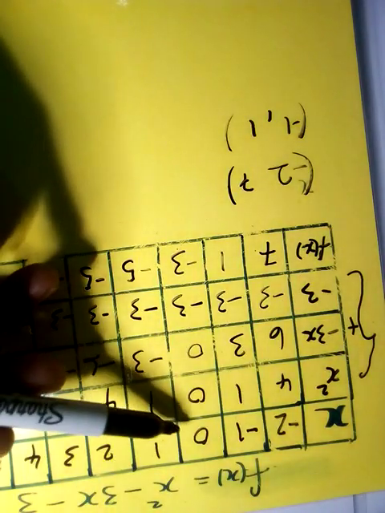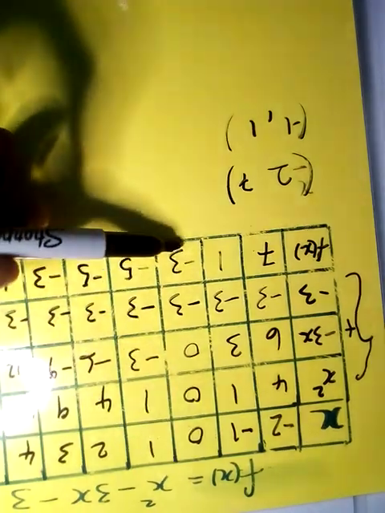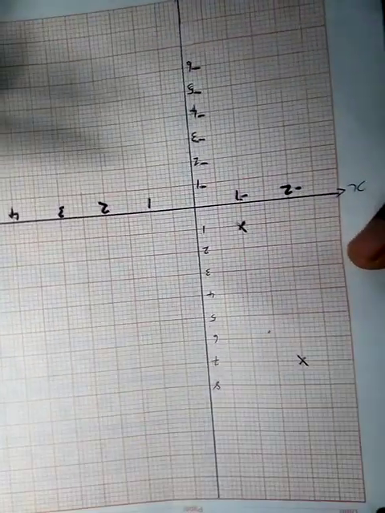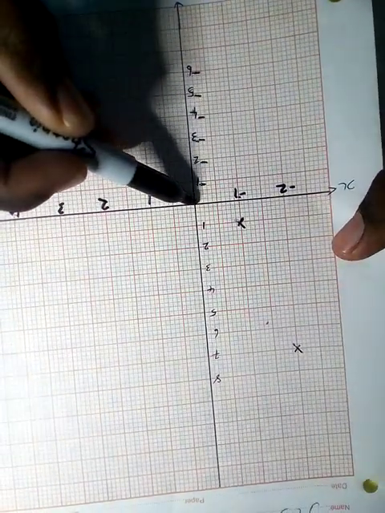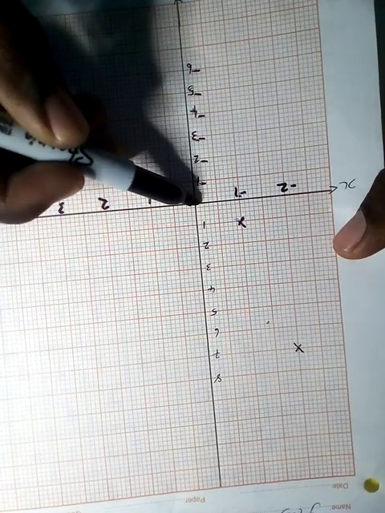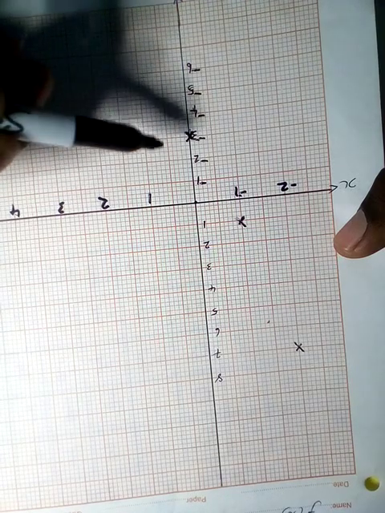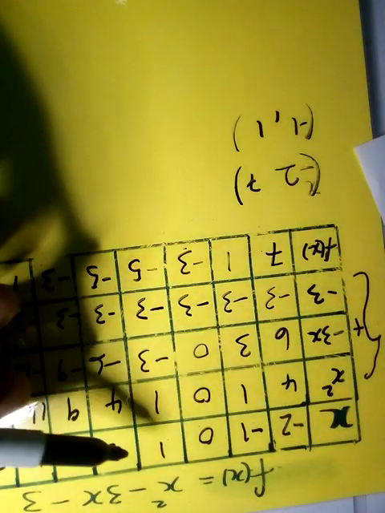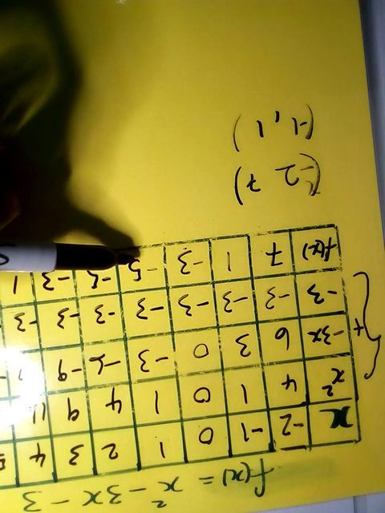The next point is 0 to negative 3. So 0 is right here on the x-axis, and we want negative 3. Negative 3 is not up, so negative 3 is down, so this is where negative 3 is. Next point, 1 to negative 5.